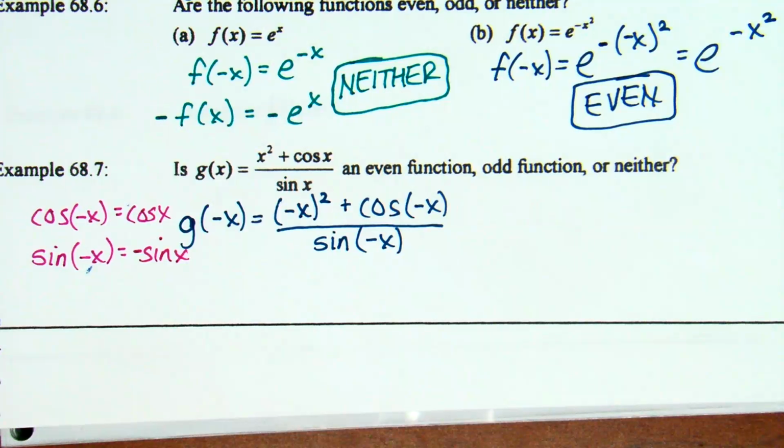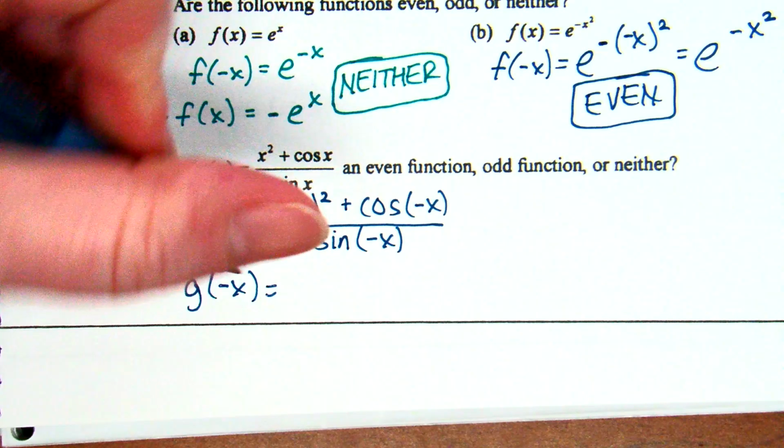If you can visualize the graph of cosine, it's the one that starts up at 0, 1, yes? The graph of cosine is symmetric across the y-axis. If it's symmetric across the y-axis, it's even, so cosine of negative x equals positive cosine x. Sine is symmetric about the origin. It's odd, so sine of negative x equals negative sine x. Okay?